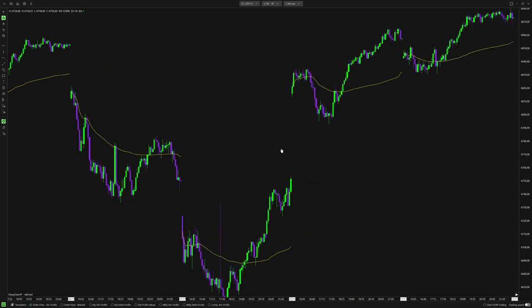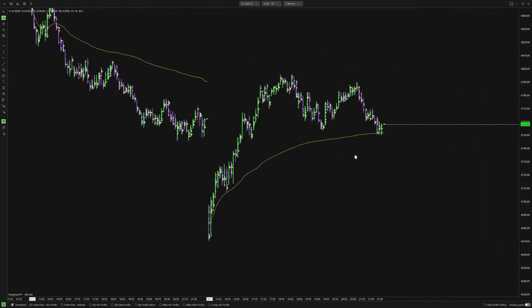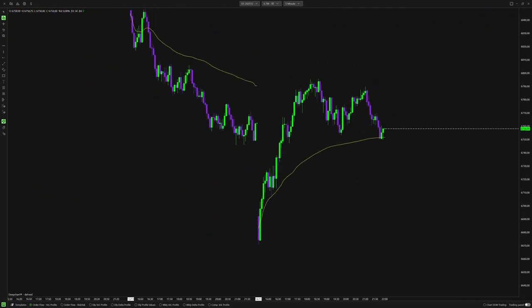Even better, as we know this is a dynamic representation of fair value, a dynamic fair value, the adapted average fair value of the day, we can also use the same statistical concept of standard deviation and plot standard deviation bands all around it.